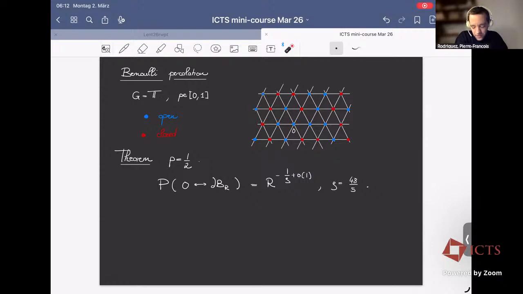We might parameterize this as r to the power -1/ρ, which is what physicists would write. So maybe if there is one or two in the room, they'll feel a bit more familiar with this parameterization. And this exponent ρ, which people call a critical exponent, the important thing is that it exists and it happens to be equal to 48/5.